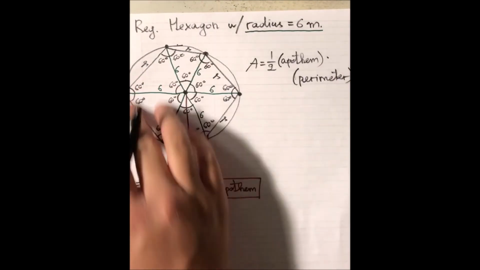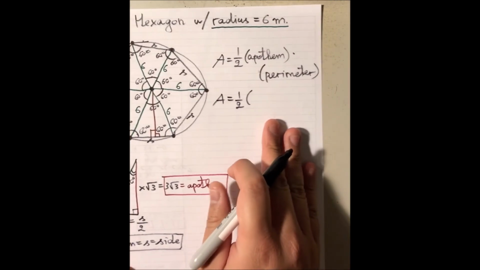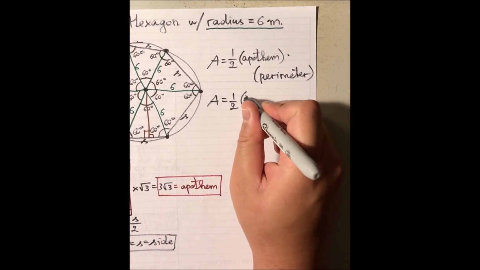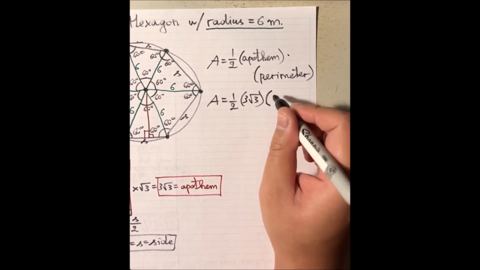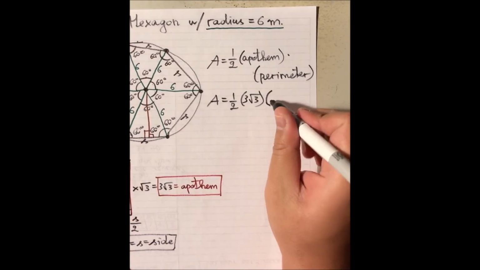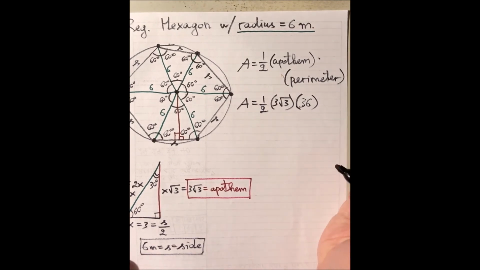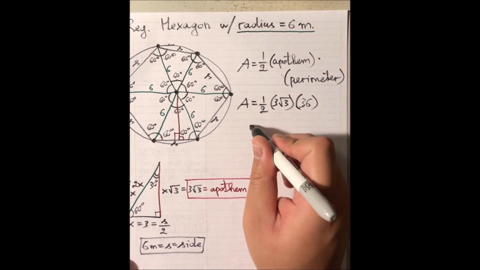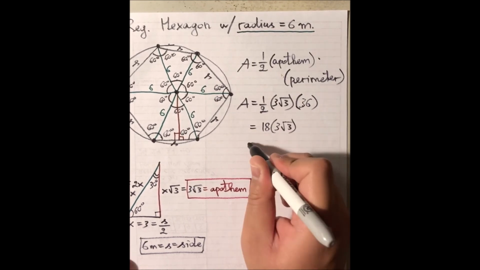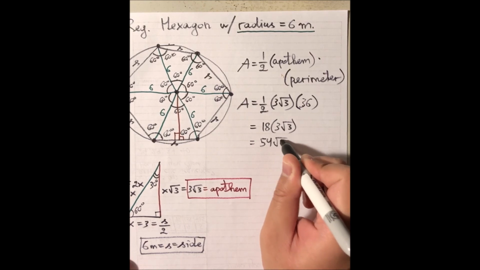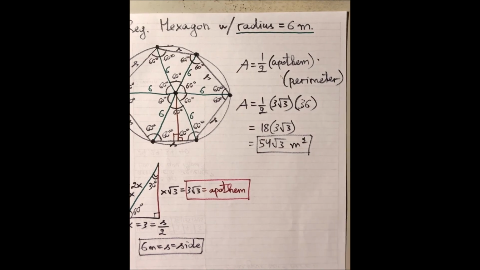The area of this regular hexagon is going to be 1/2 multiplied by the apothem, which is 3 square root of 3, and multiplied by the perimeter, which is 36 meters. 36 divided by 2 is 18, so we get 18 times 3 square root of 3. This gives us 54 square root of 3 square meters. This is the value of the area of this regular hexagon.